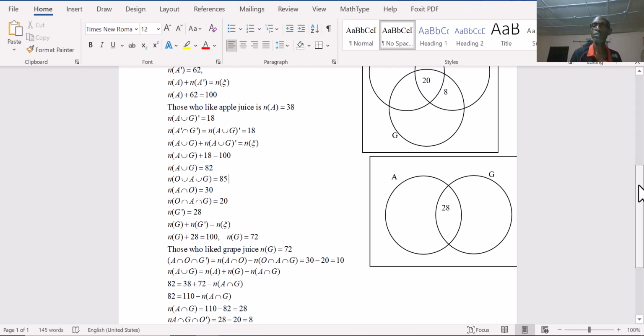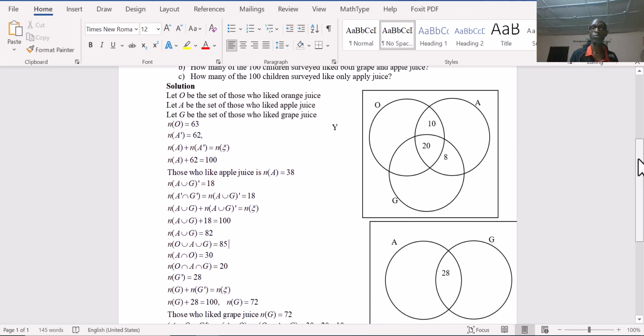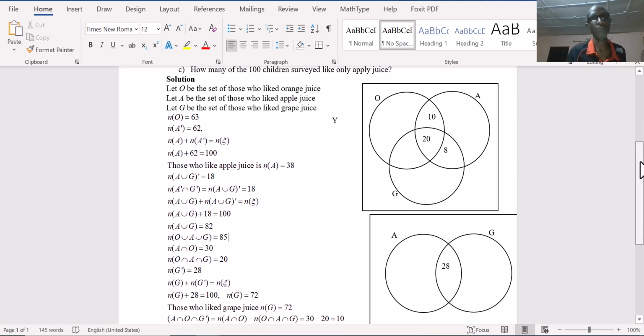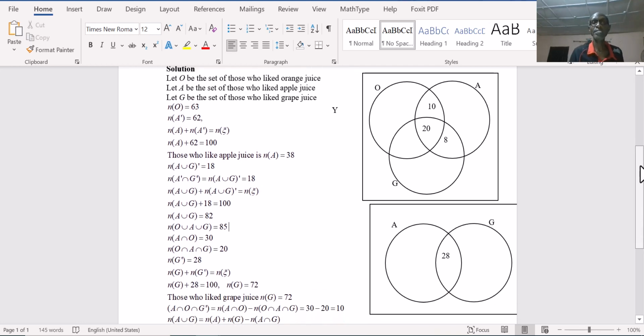So you can see now we are getting more information from the data we are given. Now the next thing is, we know those who like apple juice, and that has been given to be 38.